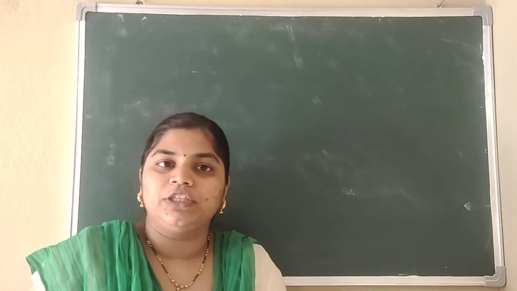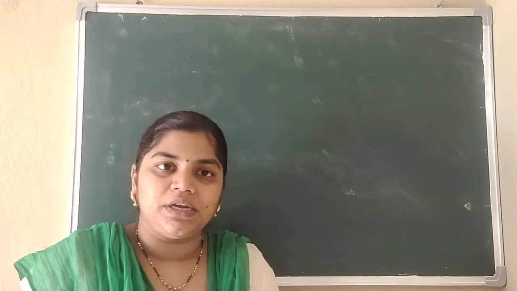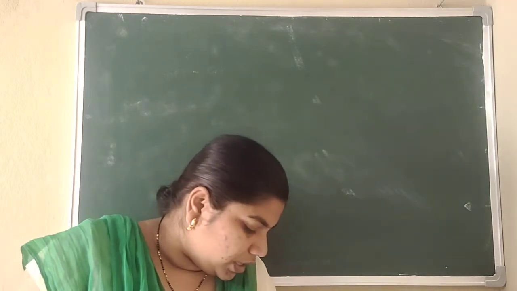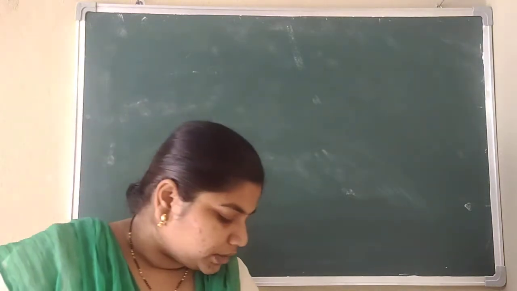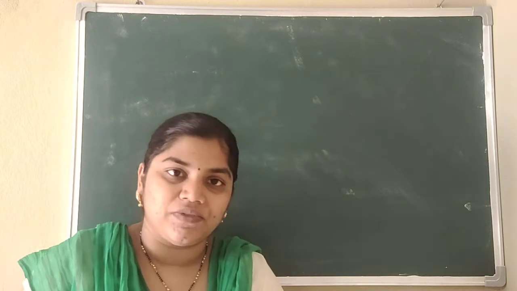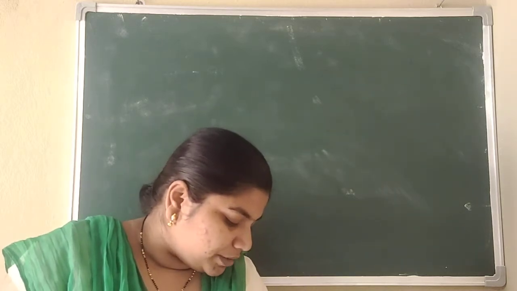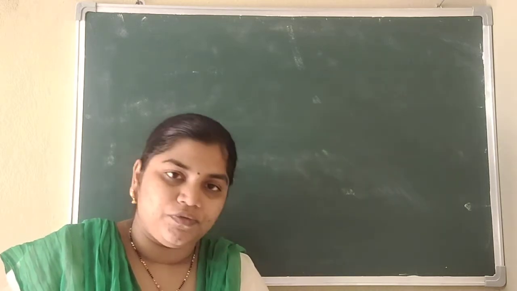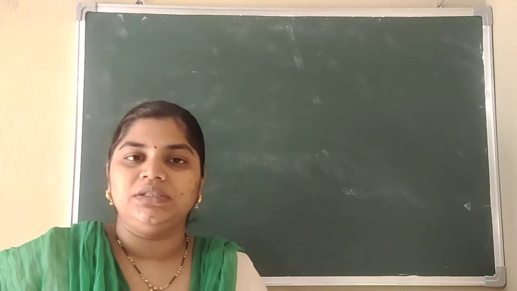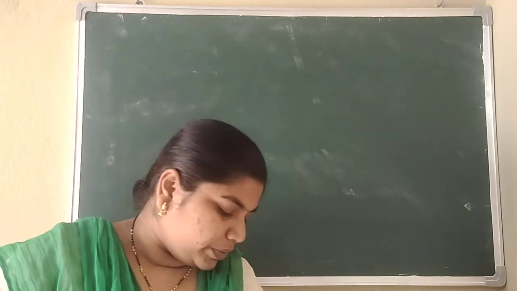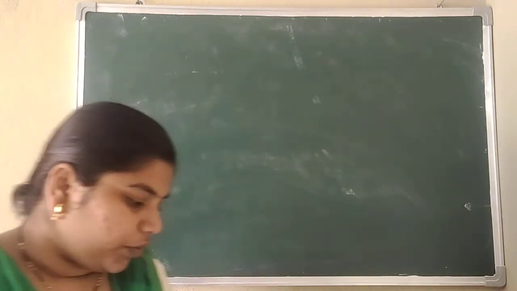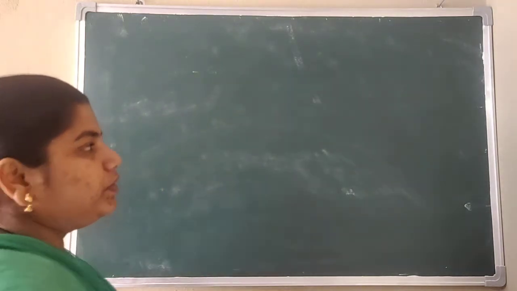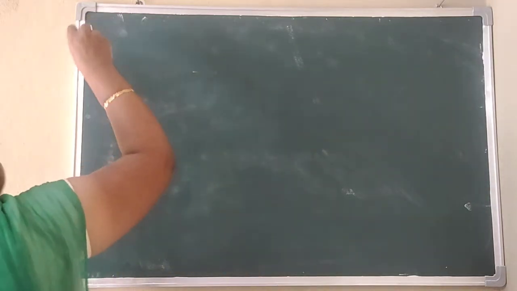So the age of Rahul is in the form of 5 multiples and the age of Lakshmi is in the form of 7 multiples. Four years later, the sum of their ages will be 56. So after 4 years, if you add their ages, that will be equal to 56. We have to find the present ages. What is the ratio here? The ratio is 5:7.